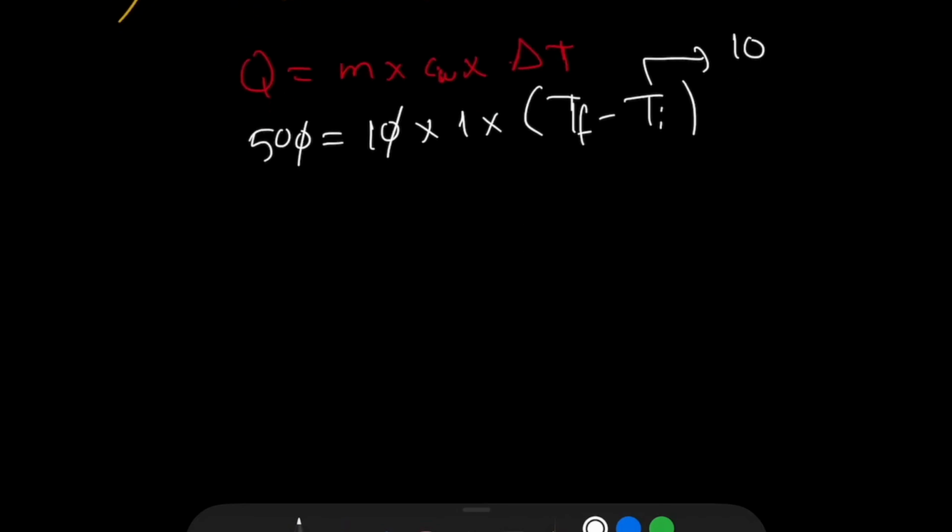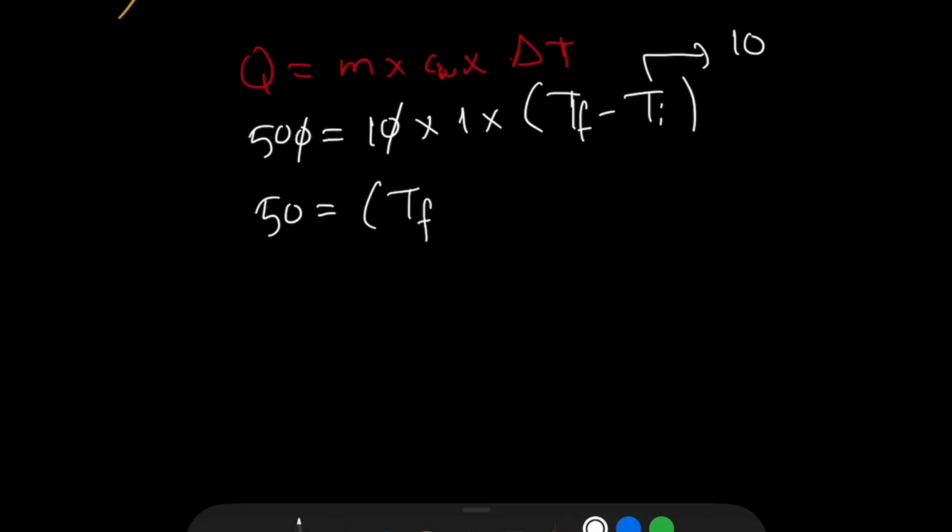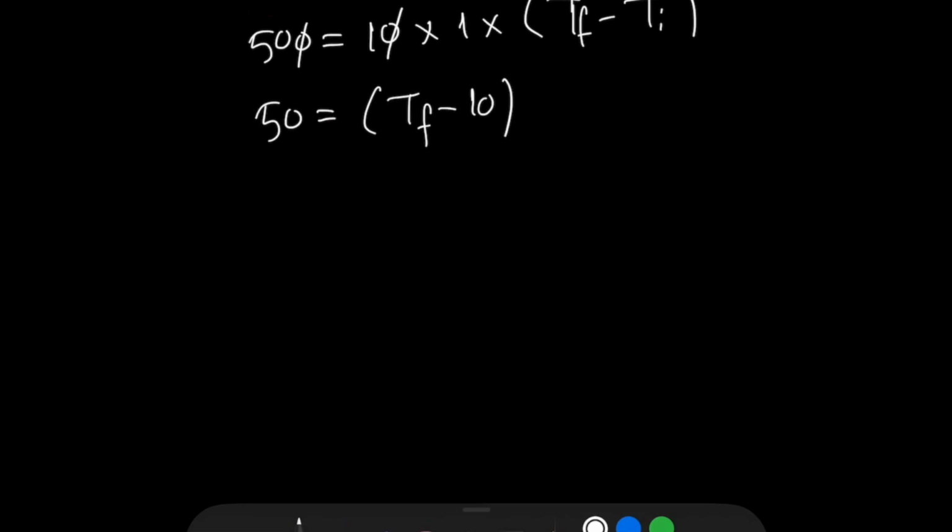Okay, this 10 and 10 cancel. 50 equals T final minus 10.